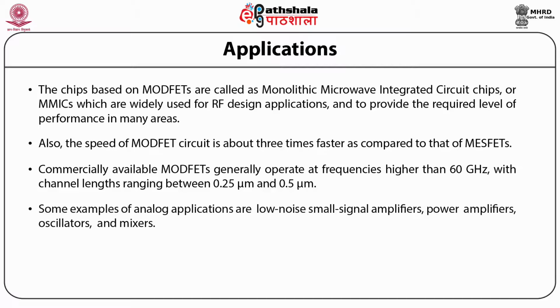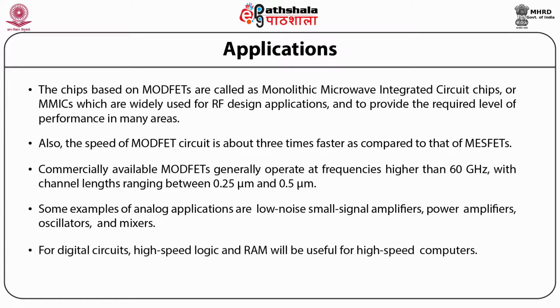Some examples of analog applications are low noise small signal amplifiers, power amplifiers, oscillators, and mixers. For digital circuits, high speed logic and RAM will be useful for high speed computers.